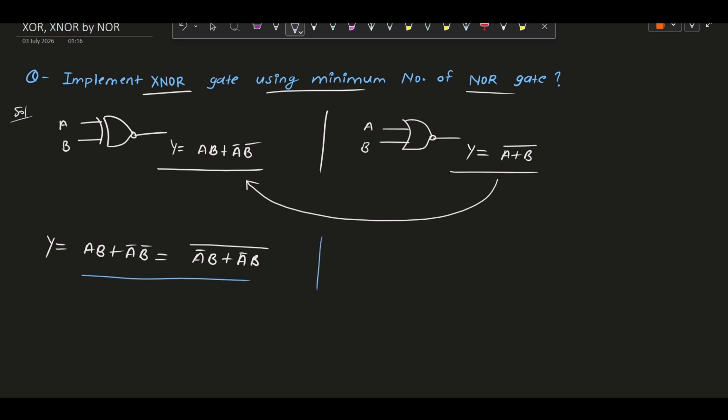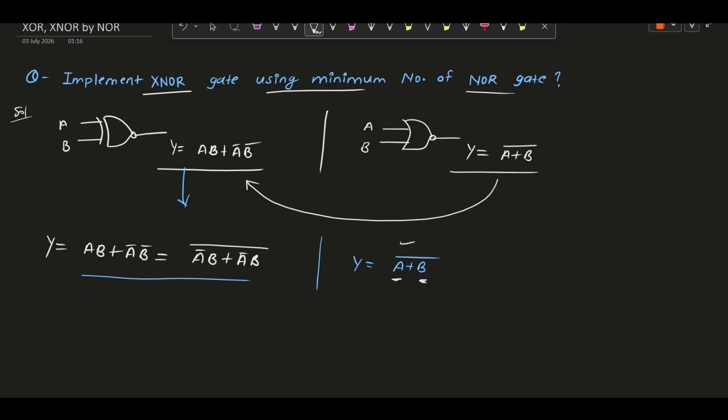Try to connect it with the NOR gate expression. Okay. So we have the NOR gate expression in this format. I have converted this expression in NOR gate format so that we can connect both implementations. See here, in NOR gate we have one term A and the second term B, and these two terms are ORed and the whole complement is present in this expression.